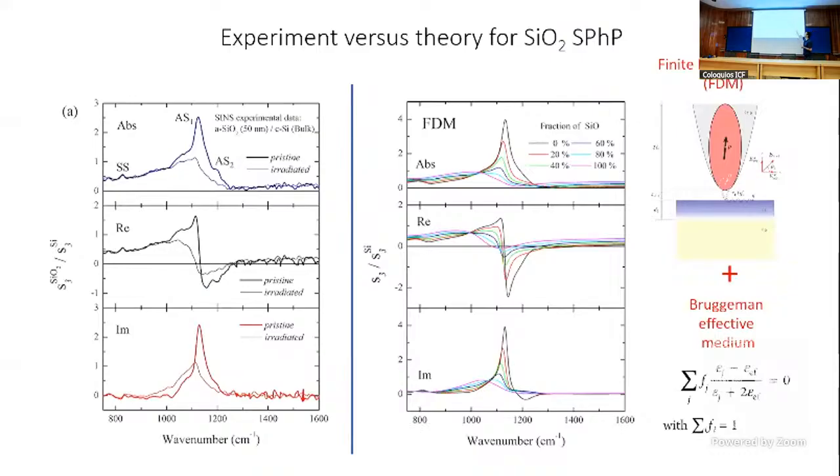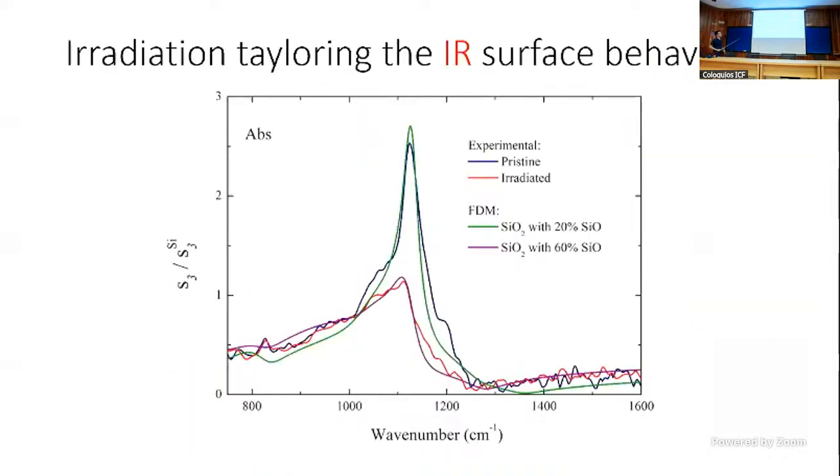So that's what we think we are doing here, creating these defects and healing the polariton. This one is just the pristine sample, the non-irradiated one, experimental in blue, and here the theory with the best fraction that we could find of the SiO: 20% at the beginning, and then after the irradiation, 60%.